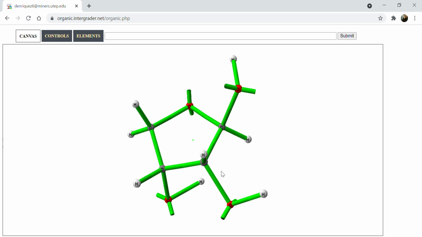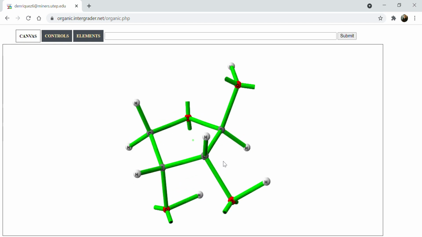I just don't know if it's D or L. Let me see if I have an example in my book. So yes, I think it is erythrose.